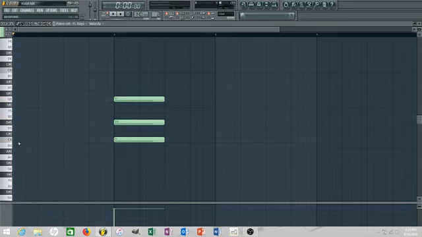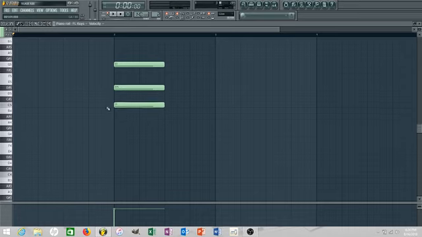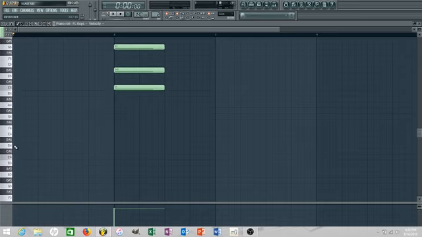So let's go ahead and build one on a different note. Let's try D. Why not? So we're doing D. We know the combination is a major third, and then from that third we go up a minor third. So how do we do this? Well, if we remember, a major third consists of two whole steps.